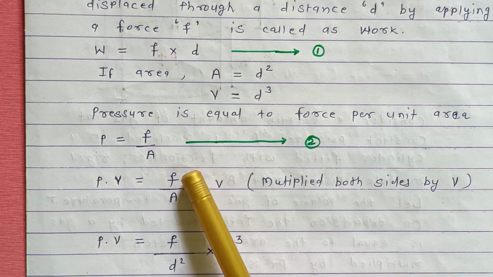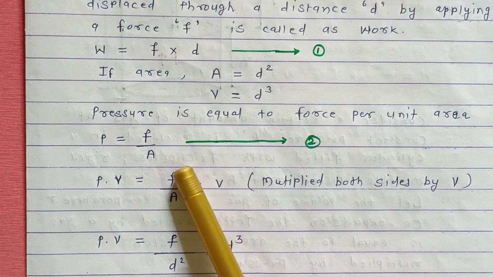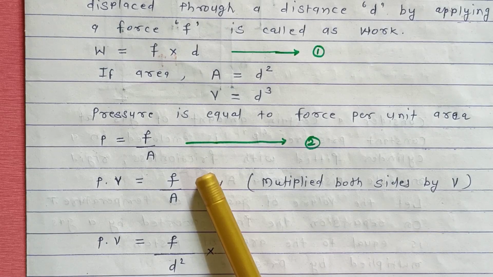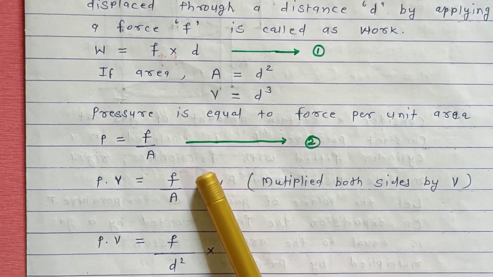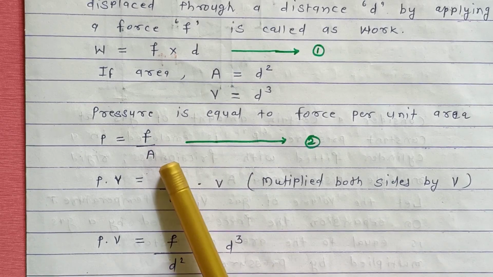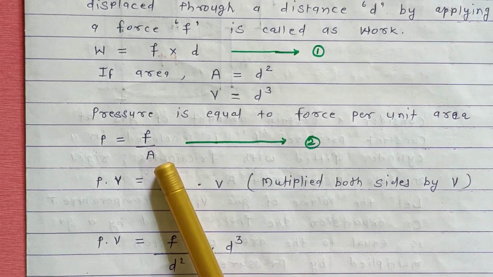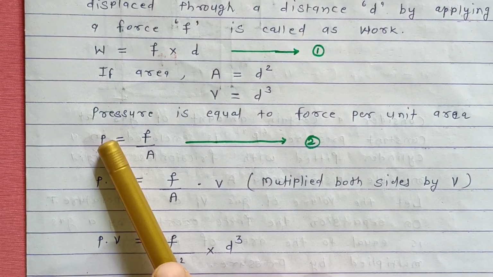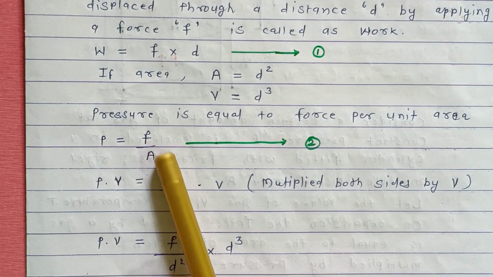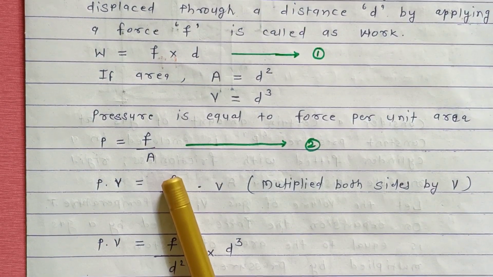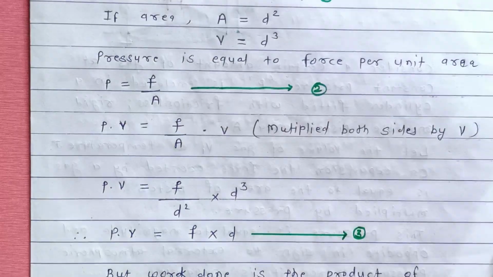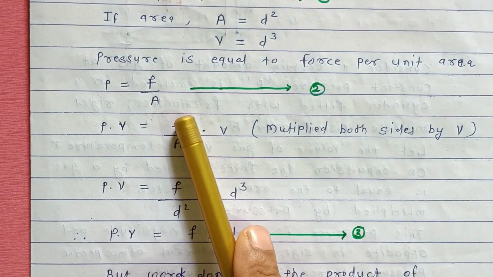You know that pressure depends upon the area. If area is more, pressure will be less. If area is less, pressure will be more. For example, knives and blades have very sharp edges because the area is less, and that's why the pressure is more. So pressure is directly proportional to the force and inversely proportional to the area. Clear? For that purpose, we have taken the equation P is equal to F upon A.